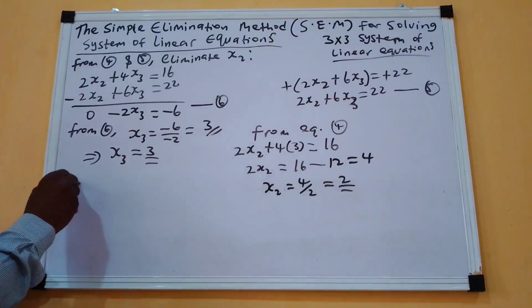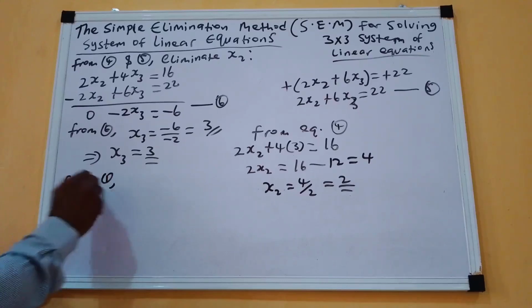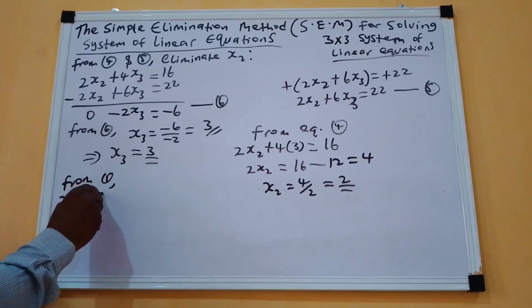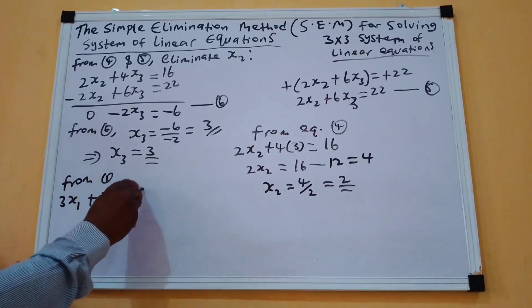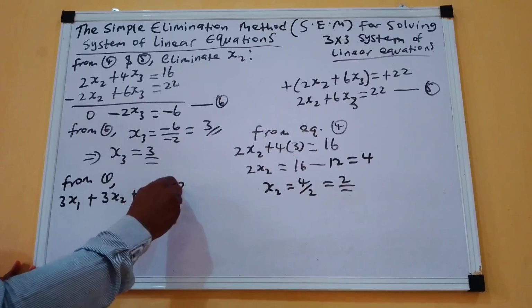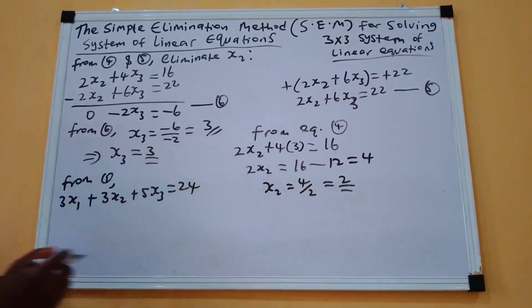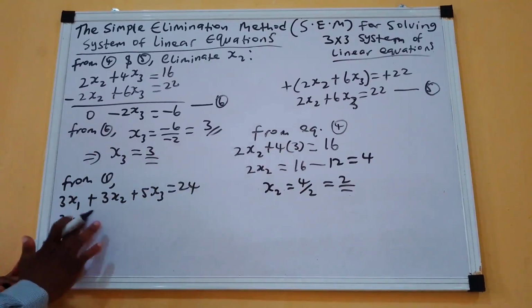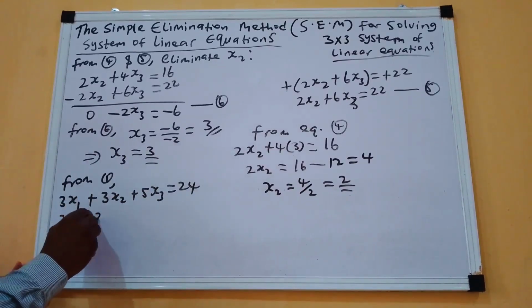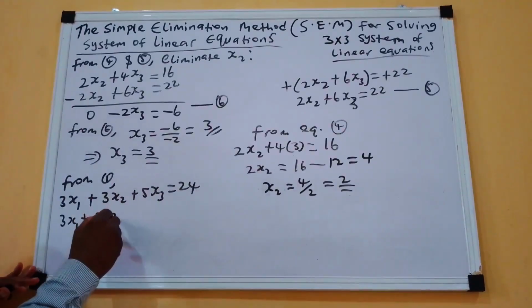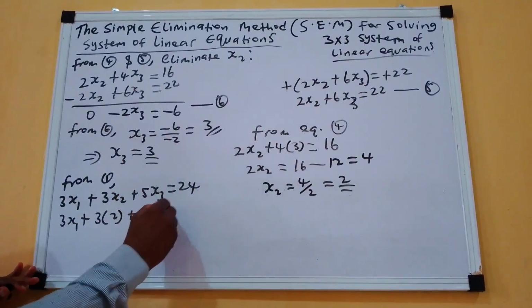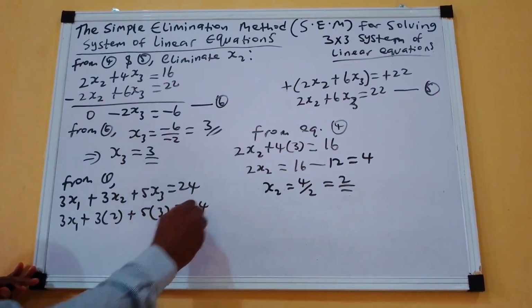Now from equation 1, we have 3x1 plus 3x2 plus 5x3 is equal to 24. So now let's put these values in. 3x1 plus 3 times our x2, which is 2, plus 5 times our x3, which is 3, is equal to 24.